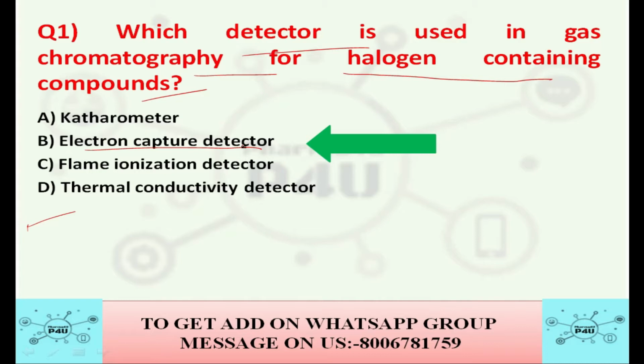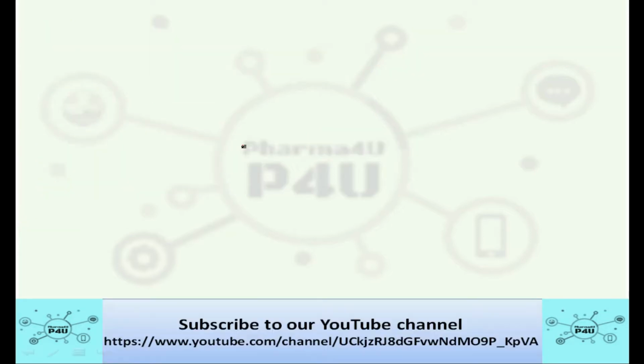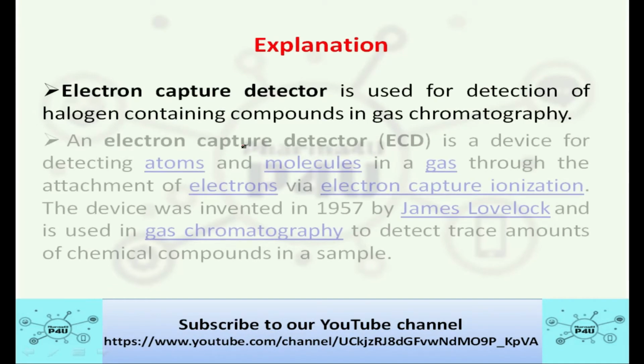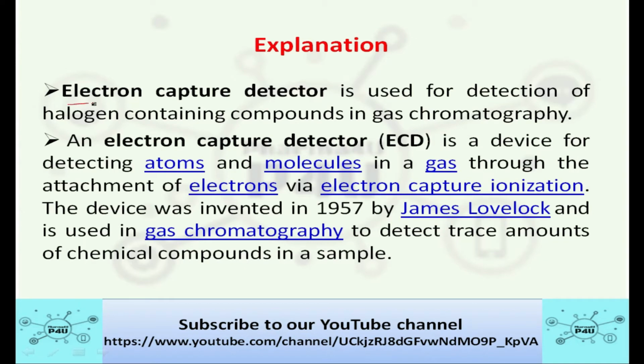Let's discuss an explanation about the electron capture detector. The electron capture detector is used for the detection of halogen containing compounds in gas chromatography. And what is an electron capture detector?